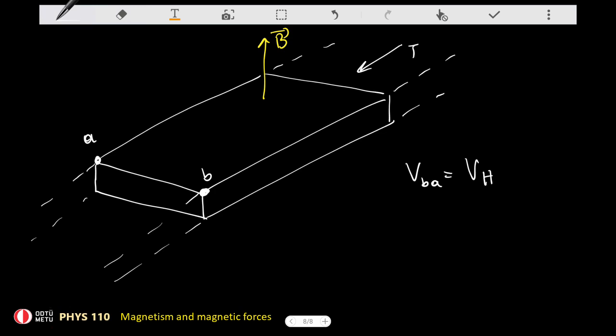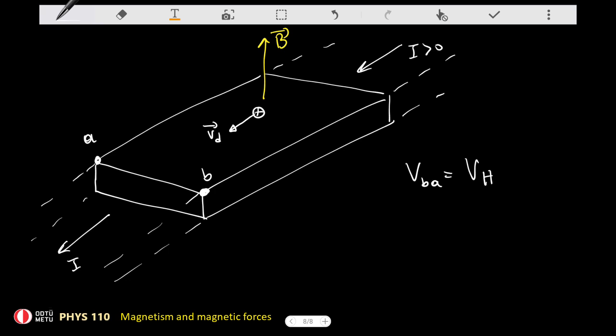So the current in here. I'm going to draw the motion of the charge carriers in here. If I have a charge carrier in here, it has a drift velocity in here, which is parallel to the direction where the current is positive. So as a result, this charge carrier is moving along that direction.